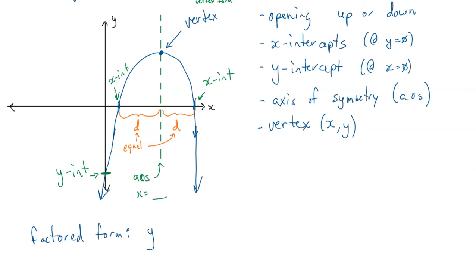So factored form looks like this. y equals a(x minus, for some reason we often use s for this. You'll see that in textbooks. I don't really know why. So s1 and s2, using a subscript because those are going to be different. They aren't the same.